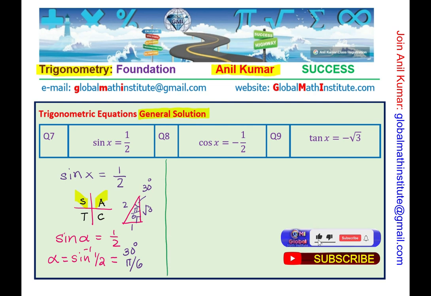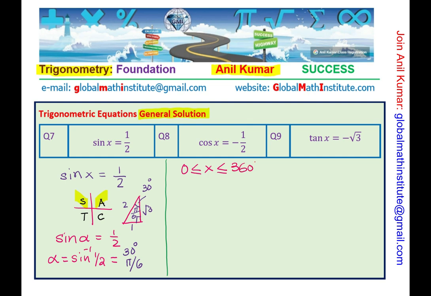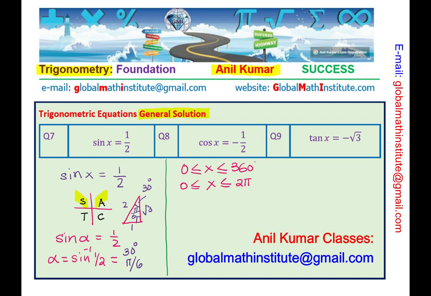Now second step is to write the solution between the interval 0 to 360 degrees, right? If you are working in degrees, or from 0 to 2 pi if you are working in radians. So we know now 30 degrees is one solution. The other one will be 180 minus 30, right?